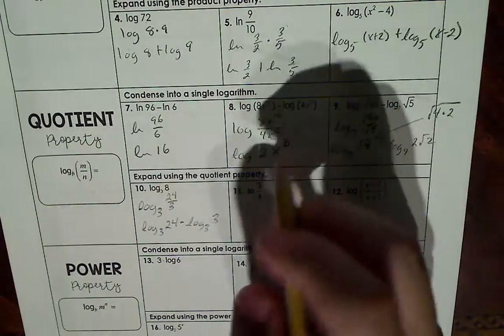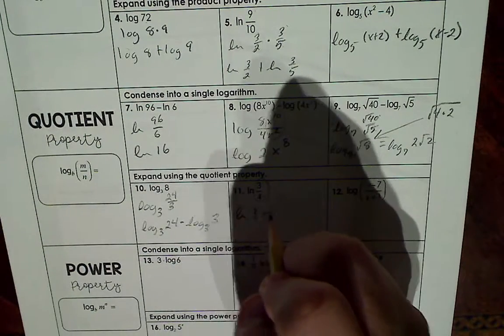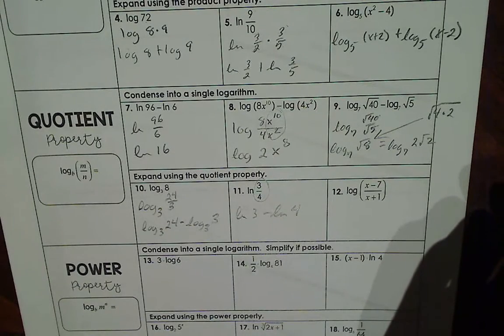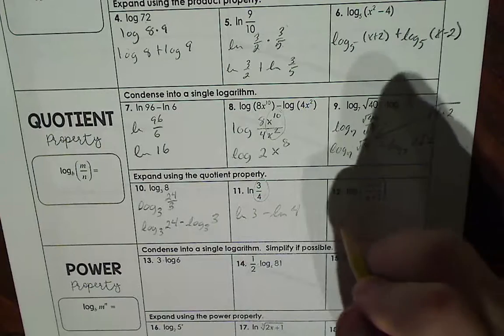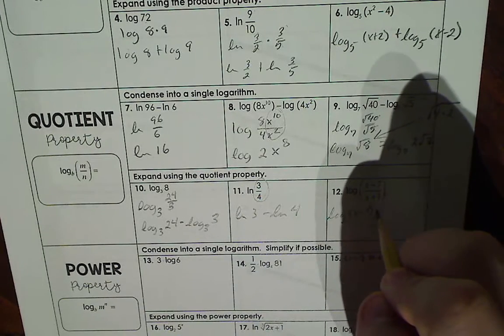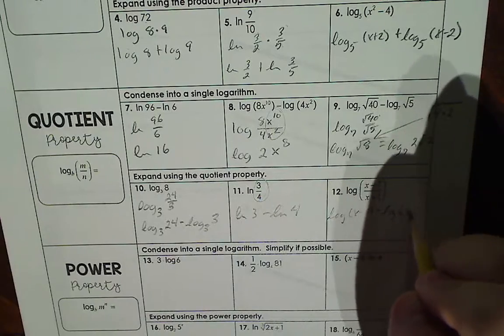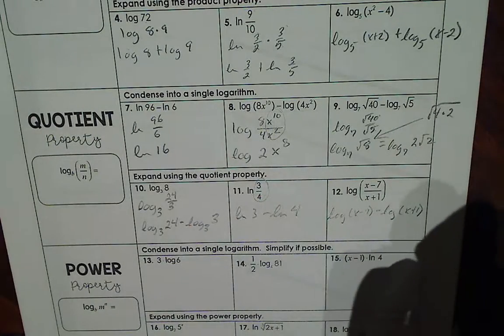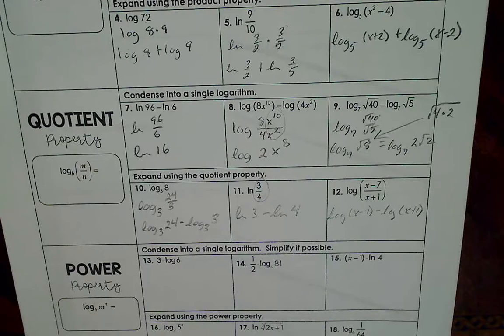Division. So natural log of 3 minus natural log of 4. Still division. Log of x minus 7 minus log of x plus 1. That's expansion.